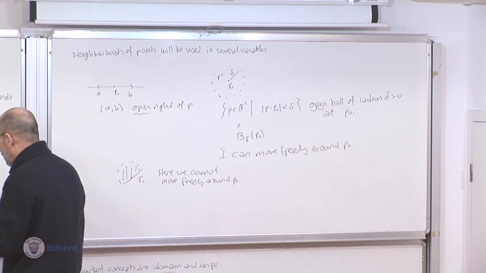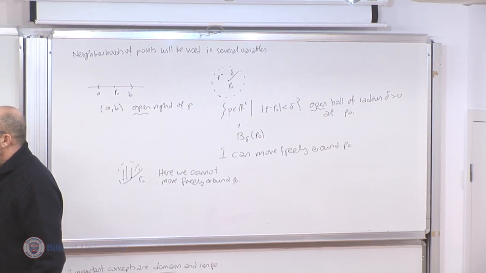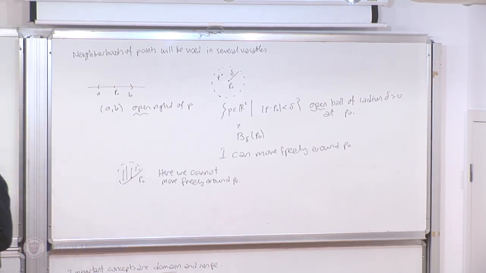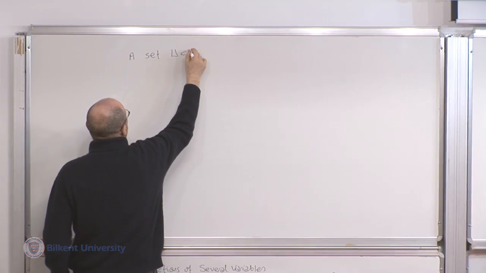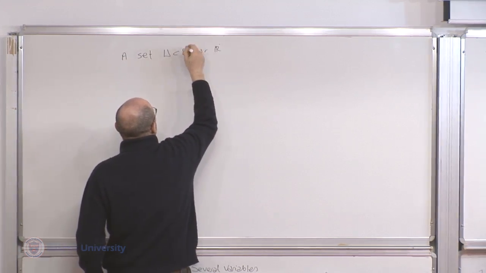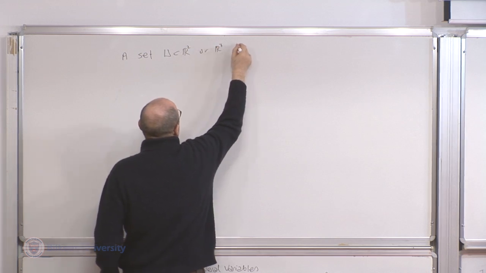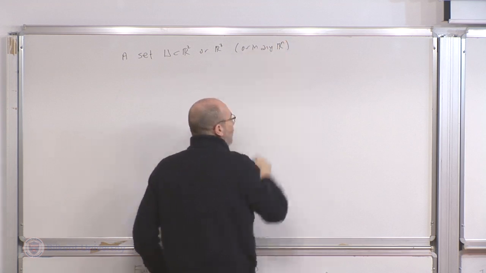So the main definition in these things is an open set. I will not go into details because this is topology, and topology is a fascinating subject. We can do a whole semester on different definitions and how they are related to each other. But we'll only be interested in this open set. A set, say U in Rn, or in any Rn.